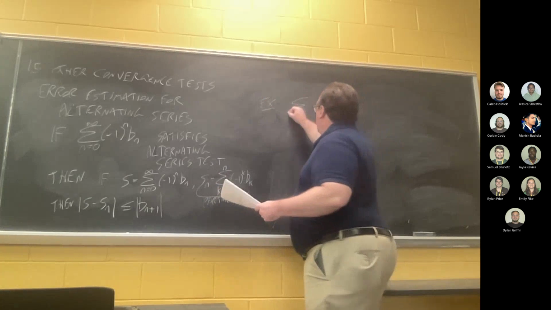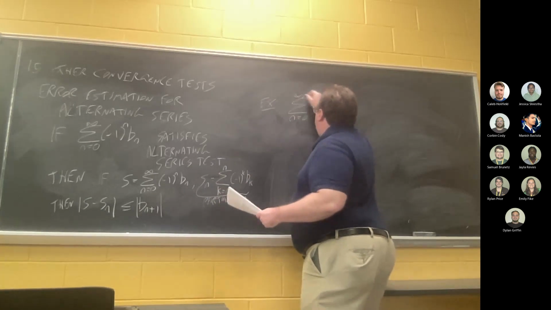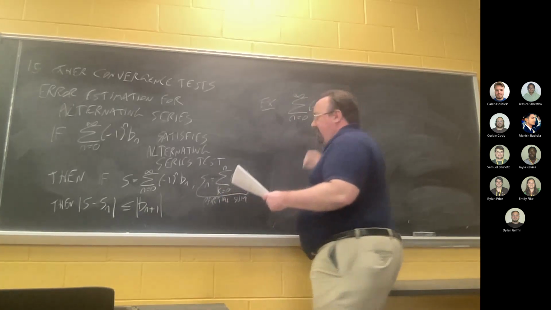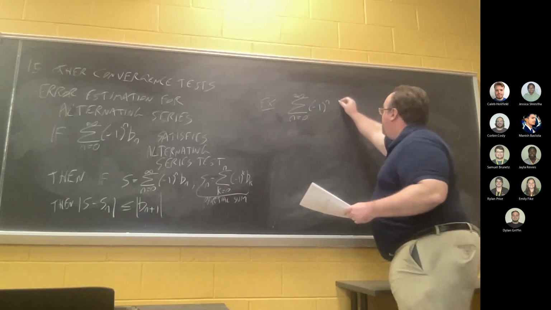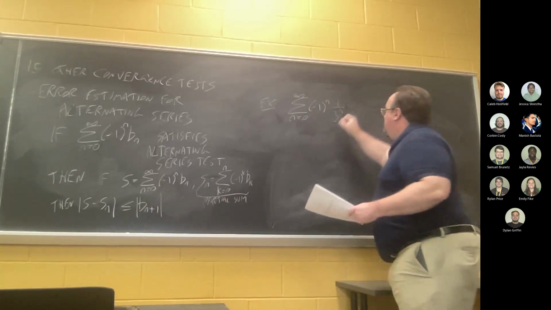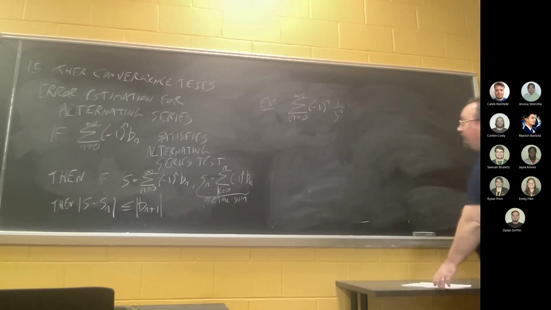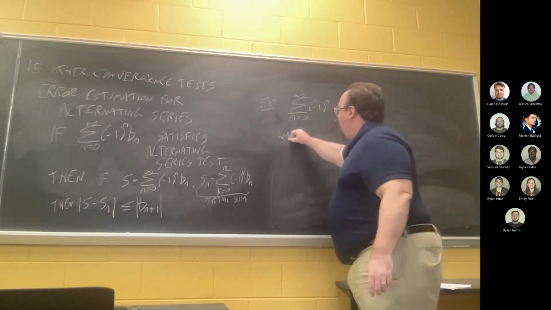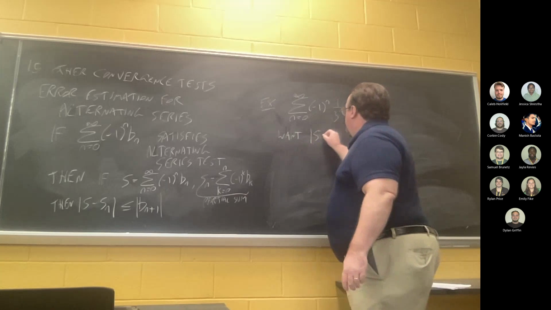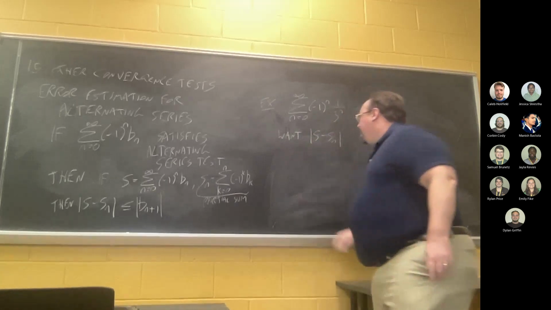So this series, well, admittedly it's a geometric series, but it's also an alternating series. Okay. So we want a partial sum.